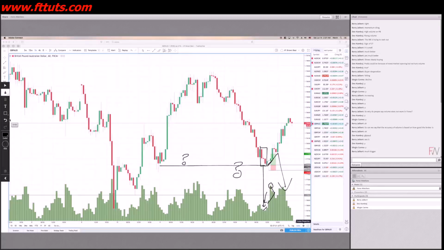Volume does not repaint, compared to normal indicators where it can change based on the next candle. If it's there, it's permanent. It doesn't change. So that's something to note as well. As that comes in with the higher volume, the next pullback becomes interesting.